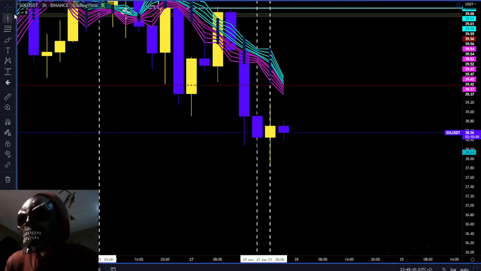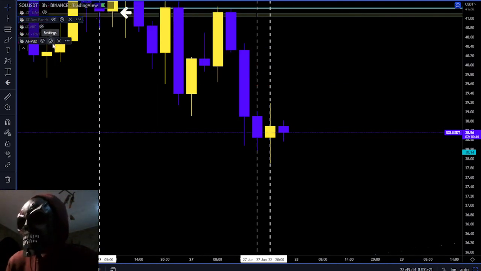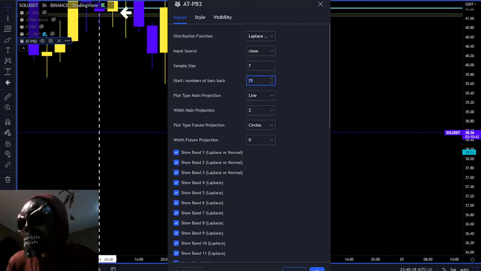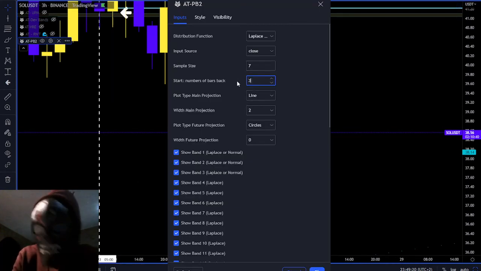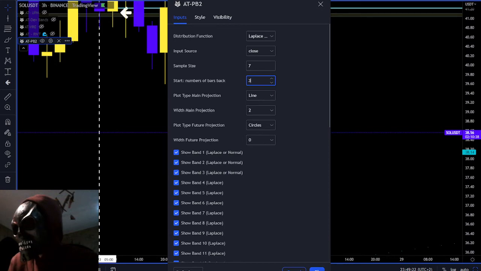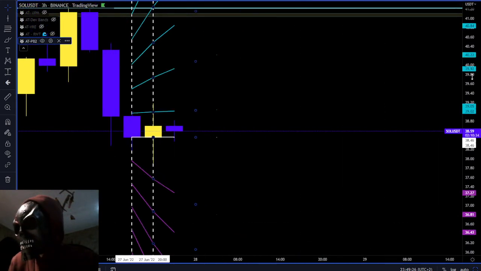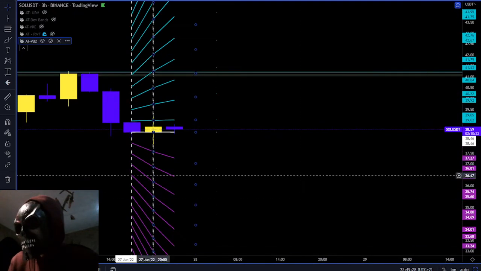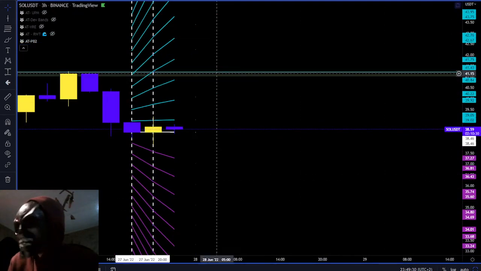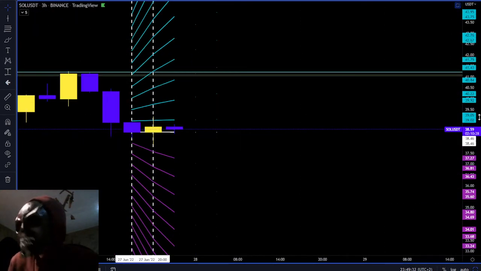When I zoom up, anyway, so let me drop this off. PB cone 3 back and 3 back, push. Okay, cool. And our 3-hour cone gives us way wider ranges.